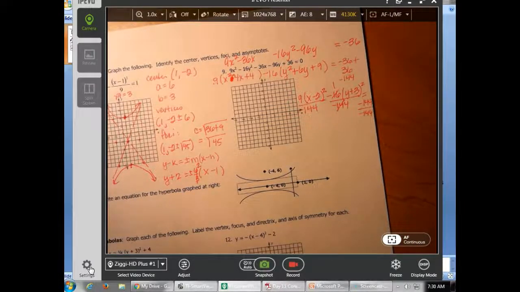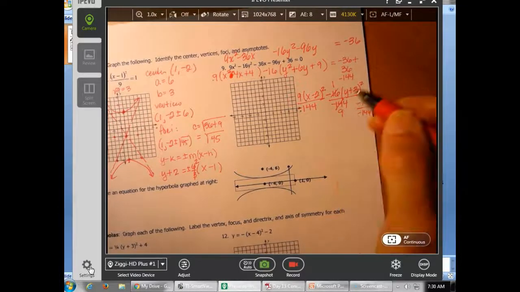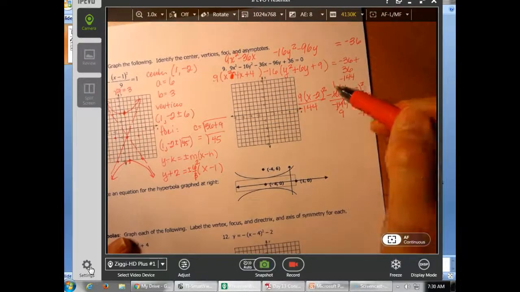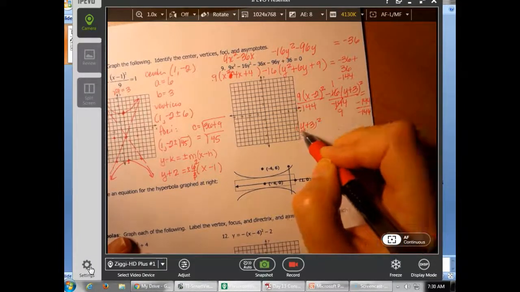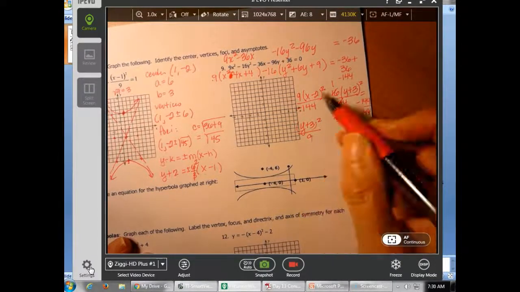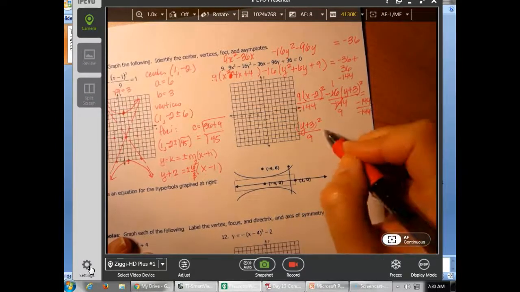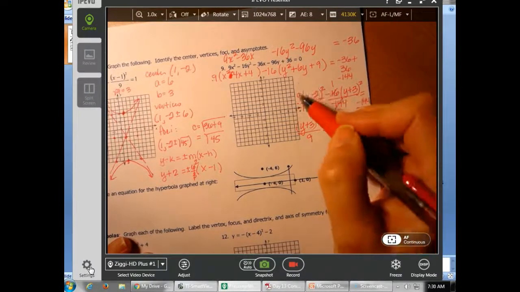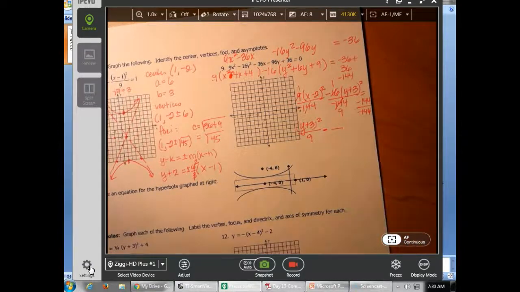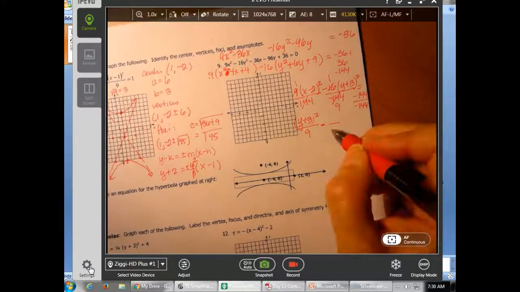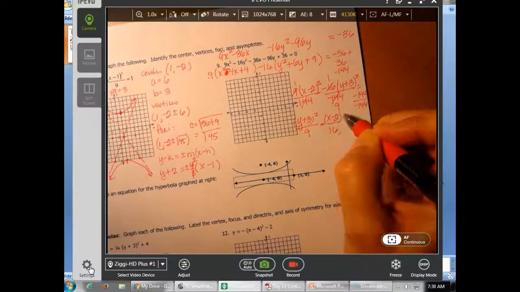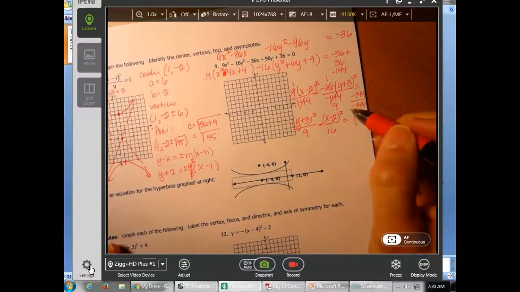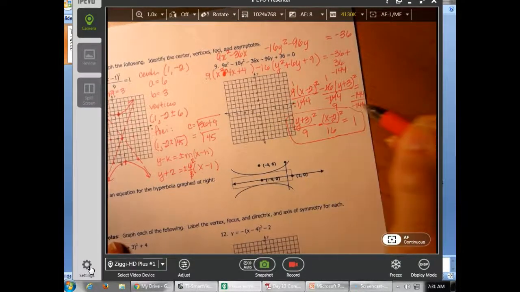So it's going to simplify down to a 9. So y plus 3, and remember this is positive now, so y plus 3 squared is going to be over 9. Now this one is going to be the negative one. And when I divide both of these by 9, I'm going to get a 16 here. And then this is x minus 2, all squared, is equal to 1. So this is the equation that we're dealing with.